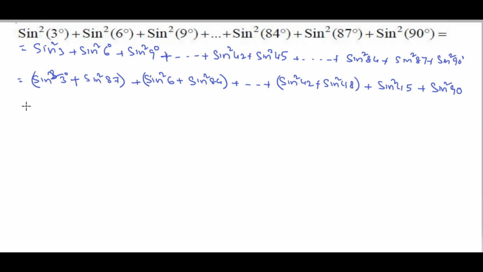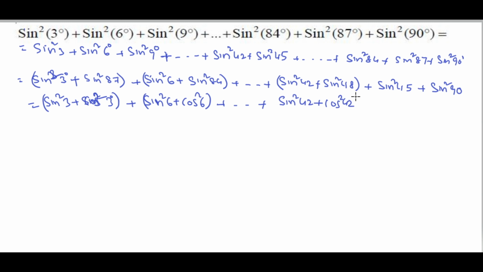This value sin square 3 plus sin square 87: sin square 87 is written as cos square 3, that is sin square 3 degree plus cos square 3 degree, plus sin square 6 degree plus cos square 6, plus up to sin square 42 plus cos square 42 plus sin square 45, whose value is 1 by 2, plus sin square 90 is 1.